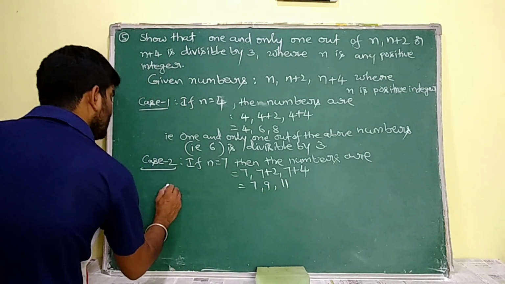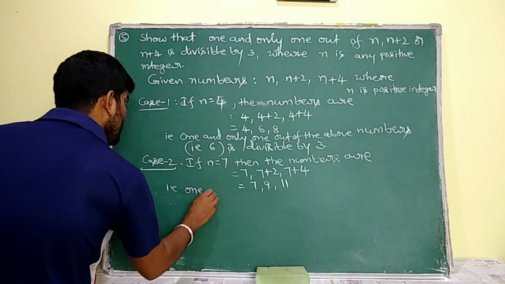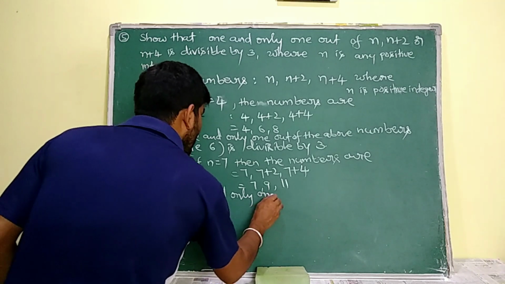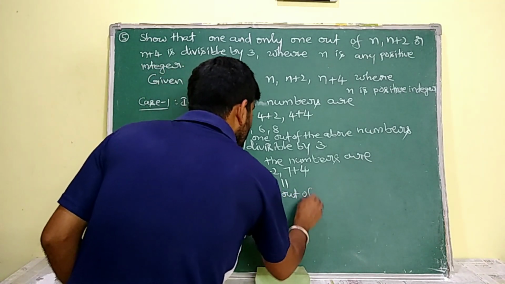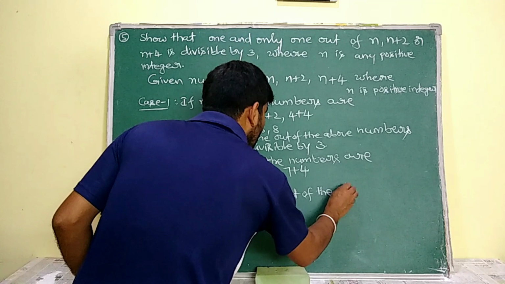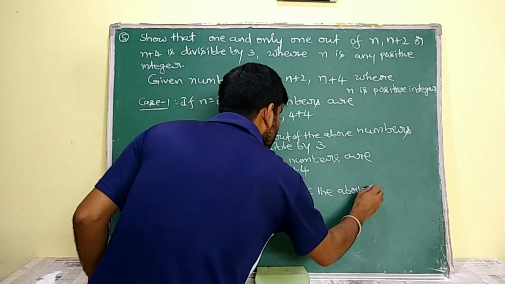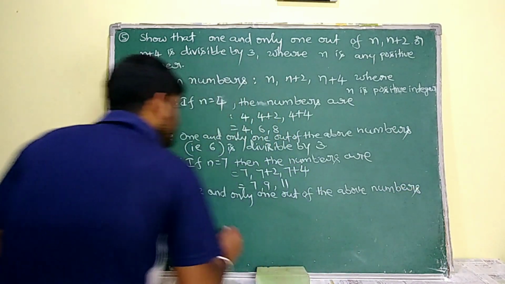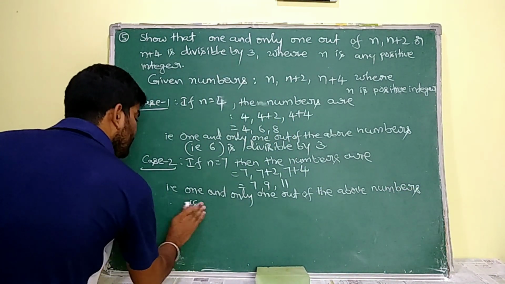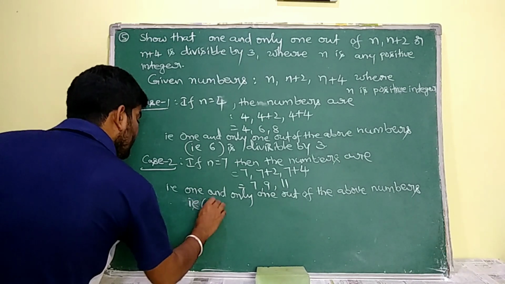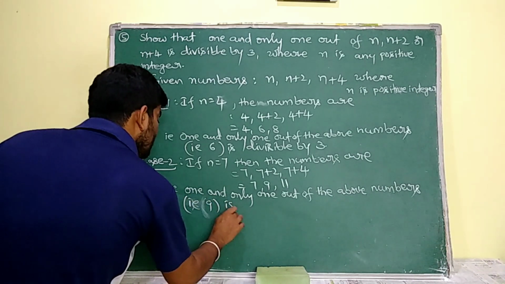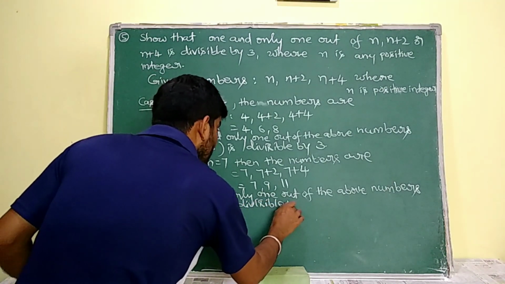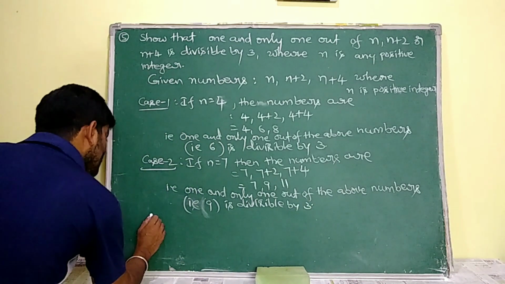Similarly, I am going to write the same conclusion, that is 1 and only 1 out of the above numbers, that is 9, is divisible by 3.